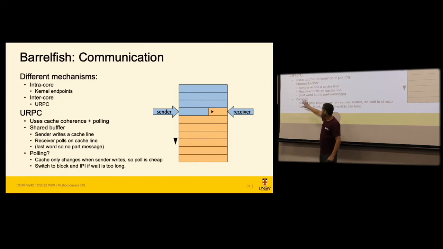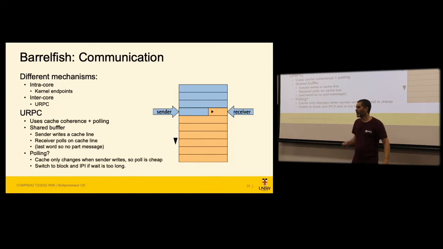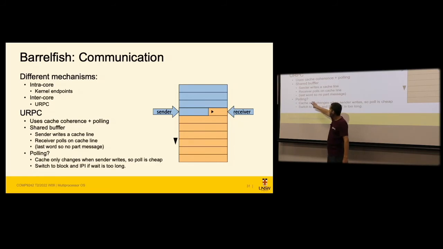And then we've learned that polling is a bad thing because you're just wasting cycles reading a particular word the whole time. The interesting thing here is that the polling is only really expensive when you're reading something that causes the cache line to actually be migrated across. And that only happens when the message is ready to be sent. Otherwise, that poll is really cheap.